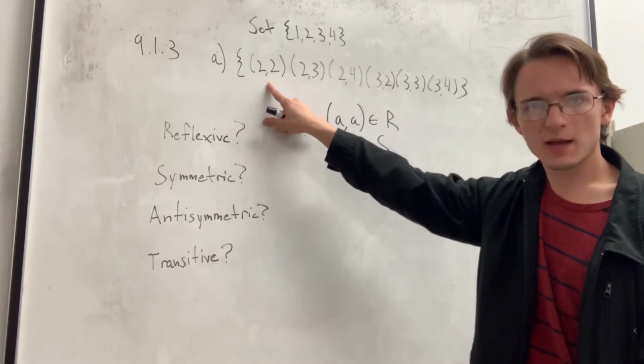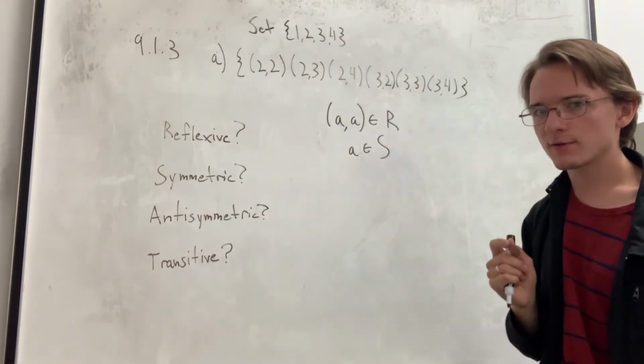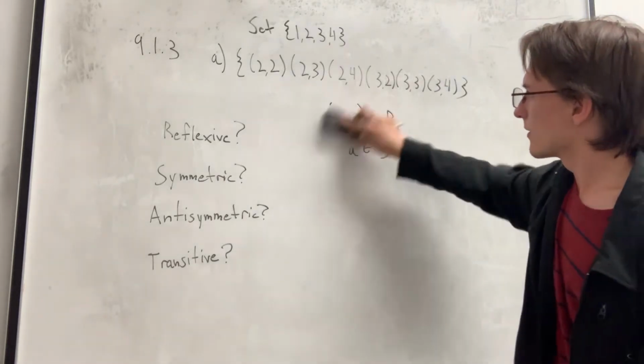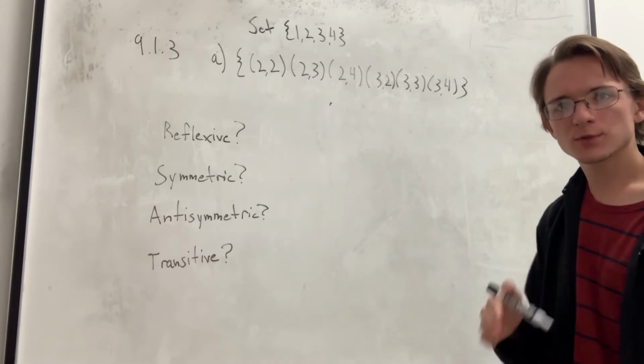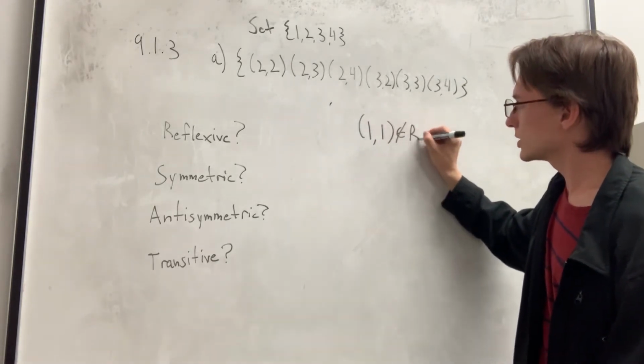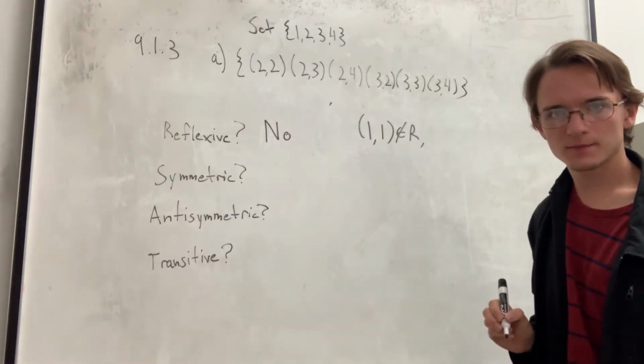We have 2 reflecting back on 2, we have 3 reflecting back on 3, but we don't have 1 reflecting back on 1, and we don't have 4 reflecting back on 4. So because (1,1) is not in the relationship, it is not reflexive.